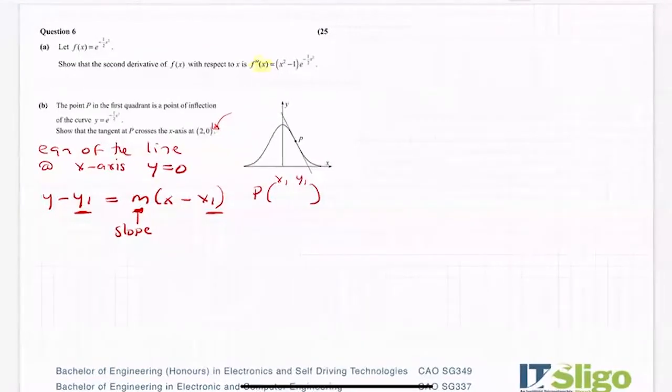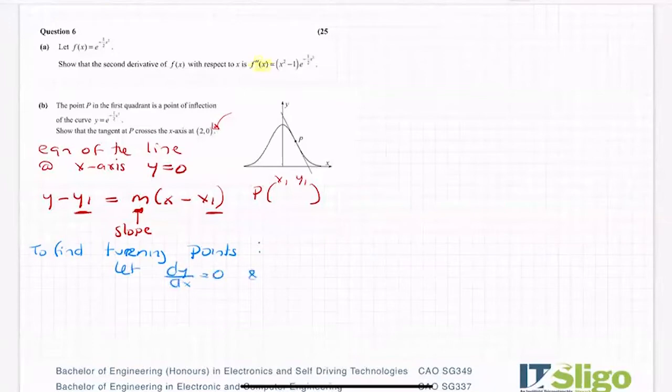So to find turning points, you let dy/dx equal to 0 and you solve. Okay, and that will give you the x coordinates of however many turning points are in that function.